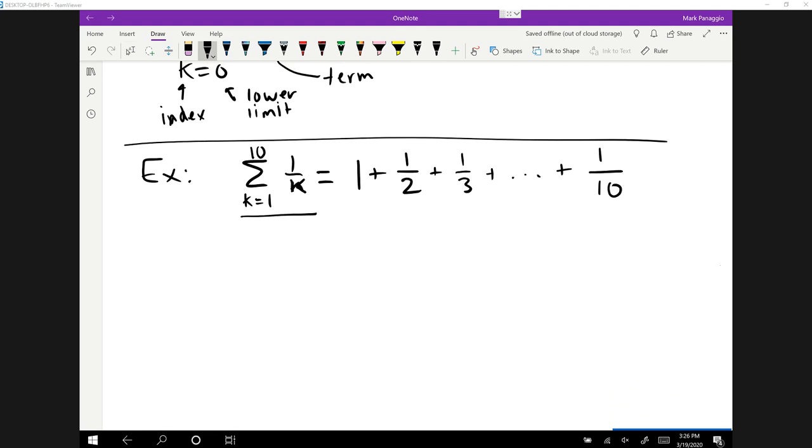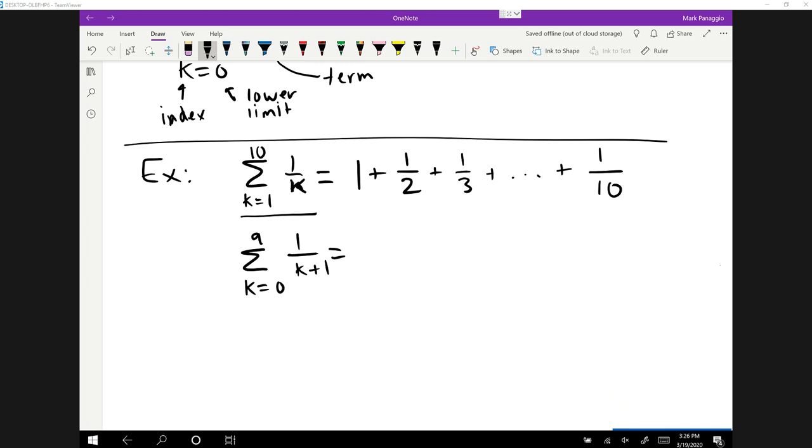However, there are other ways to represent that exact same sum. So for example, notice that if I were to write the sum from k equals 0 to 9 of 1 over k plus 1, that would give me exactly the same thing. Here the index starts with 0 and ends at 9, which means there are a total of 10 terms that we're adding up, the same number of terms as the sum above.